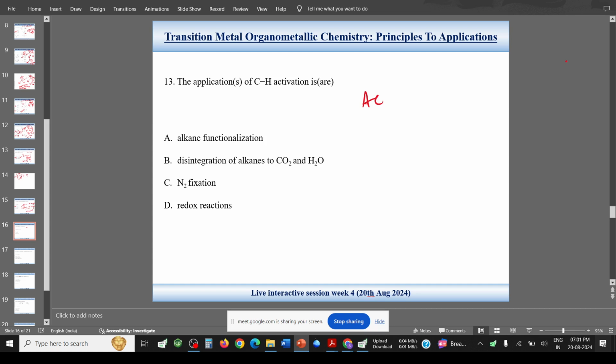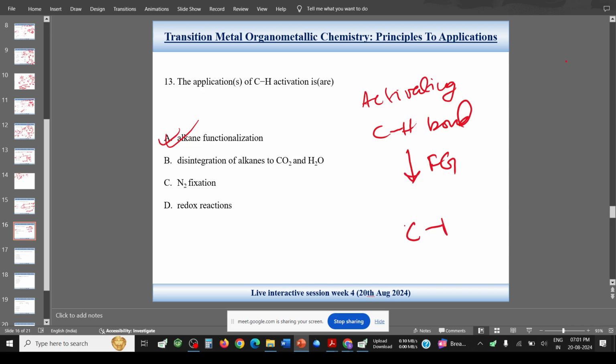Option A will be the right answer. So with the help of a catalyst, we are activating the CH bond, and then we are adding a functional group to make a CFG.